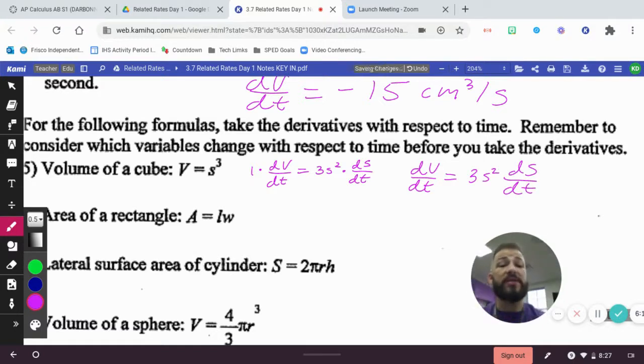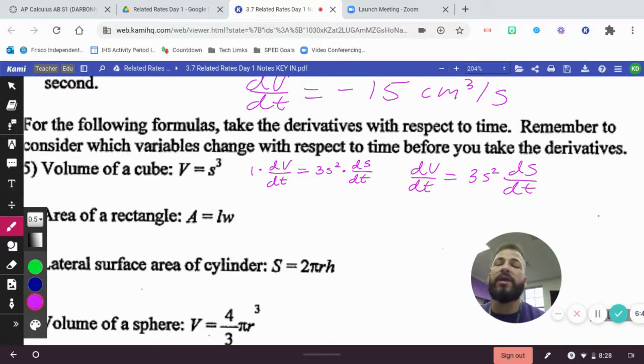So to translate our calculus equation into words: the rate of change of the volume with respect to time is equal to 3 times the side squared times the rate of change of a side with respect to time. Okay, so see how we have these two different rates in the equation, and they're related by this equation, hence the name related rates. So all of these equations, we're going to be finding related rates derivatives.